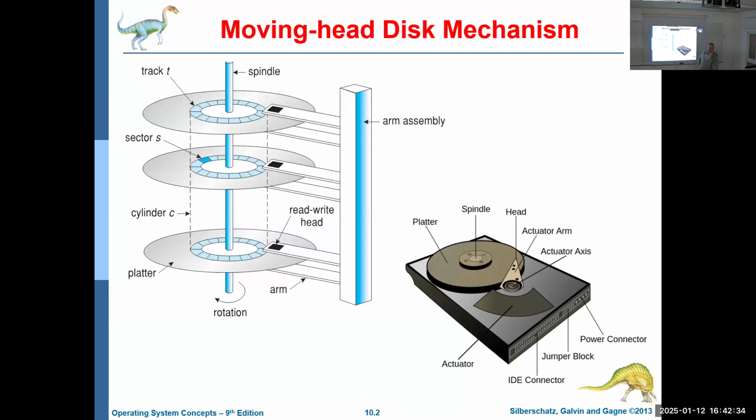Exactly, there's one groove. It's not separate grooves. It's one groove in a spiral.